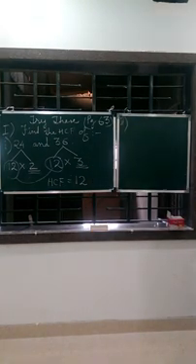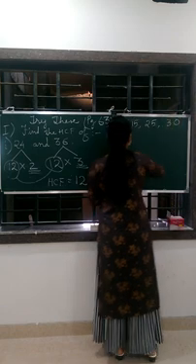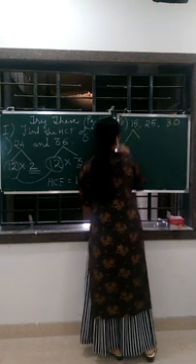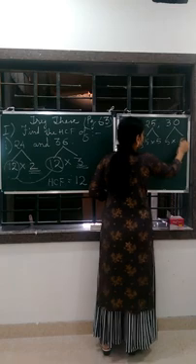The second one is 15, 25 and 30. 5 threes are 15, 5 fives are 25 and 5 sixes are 30.